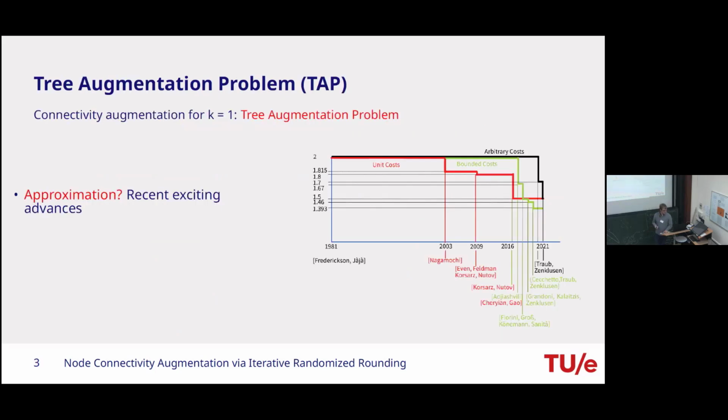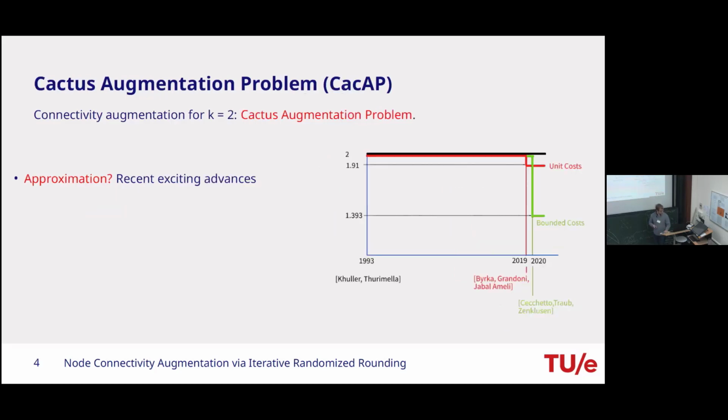The tree augmentation problem has a very exciting history, especially recently, as you saw this morning, with all sorts of interesting results. For the Cactus augmentation problem, work is quite a bit more recent, but still quite interesting.